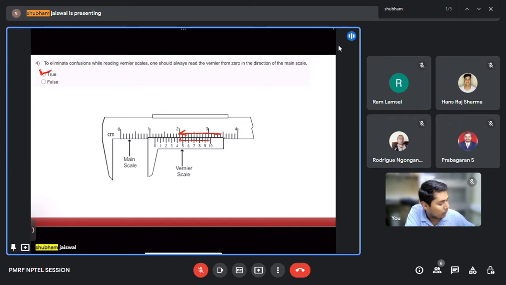So it can produce error. Our measured reading will be main scale reading plus vernier scale reading. So we can get error in the vernier scale reading, which will reflect the error in our measured reading. So it is always preferable to read the vernier scale from the 0 in the direction of the main scale.